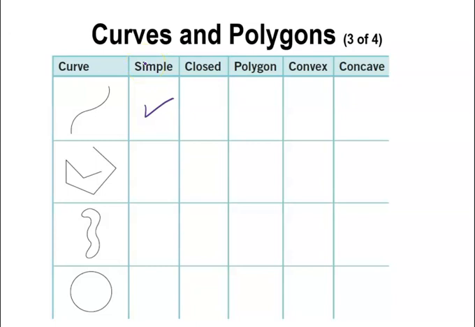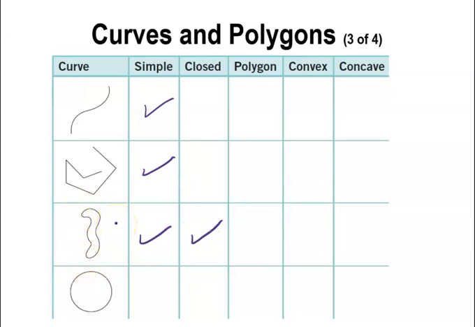Okay? Next one. Does this curve cross itself? And you would say, no, it doesn't. So it is simple. Is it closed? Does it start and stop in the same position? No. Now you can't talk about polygon, convex, or concave. Is the following simple? Sure, it's simple. Is it closed? Yes, it's the first closed we've had because it starts and stops in the same point.